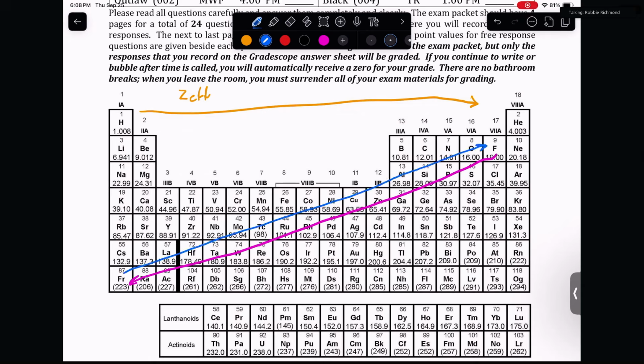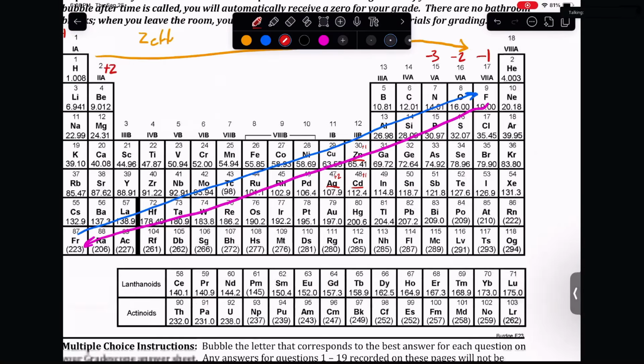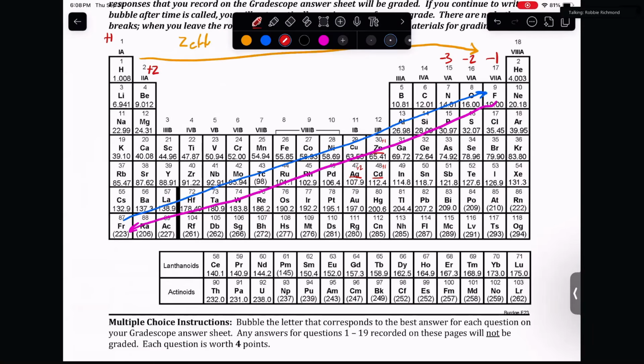Cool. On top of that, I would also write down some information about ions. So group 1, that's usually going to be a positive 1. This is going to be a positive 2, negative 3, negative 2, negative 1. And I'd also underline zinc, cadmium, silver, and write down those respective charges. So these are all your charges that are going to be fixed.